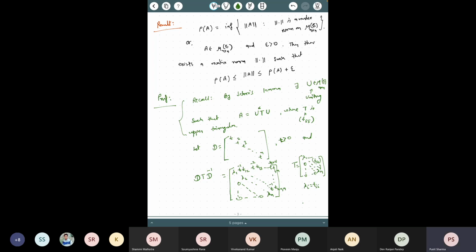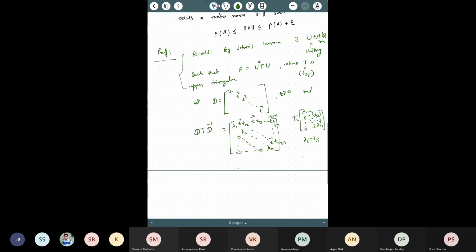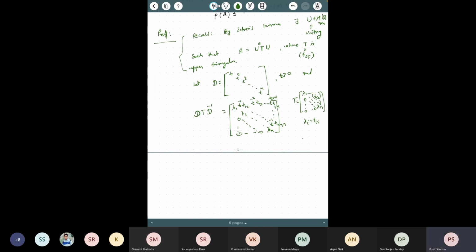So what I'm trying to do here is, if you look at this, in every term in the upper triangular part, I have t inverse.